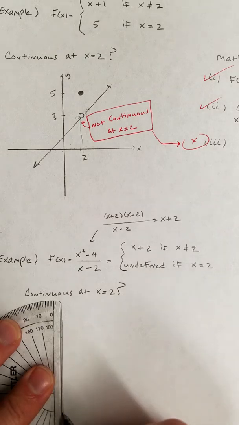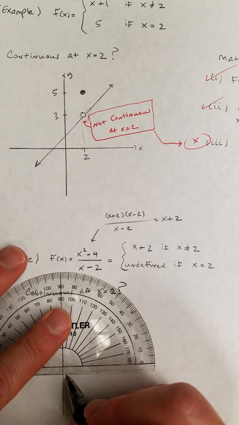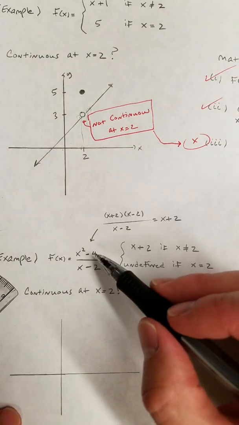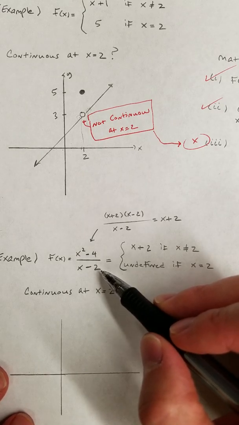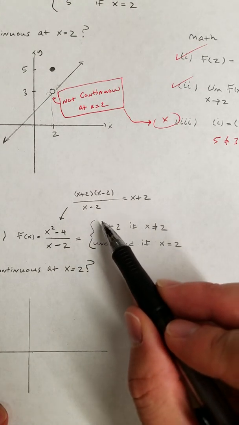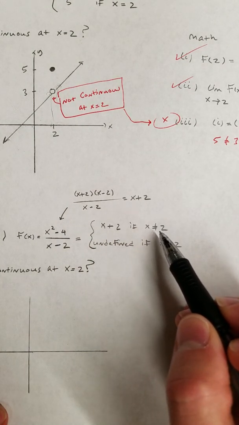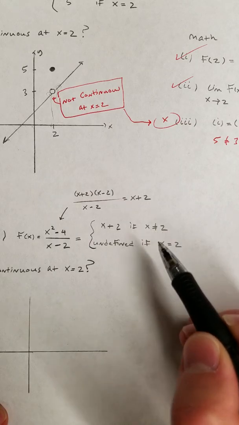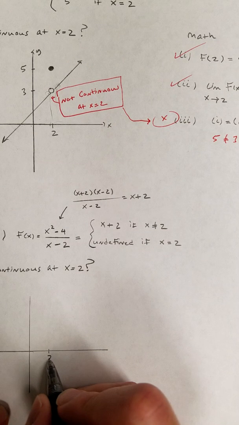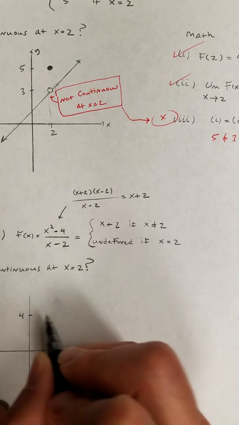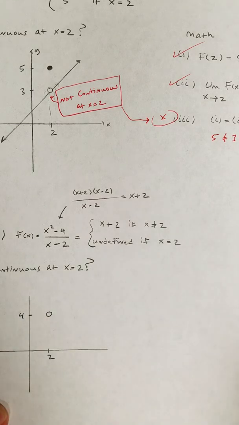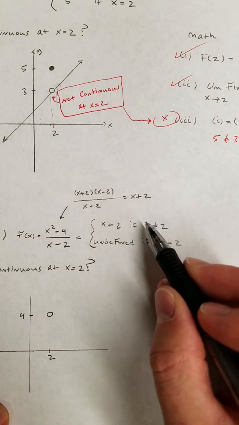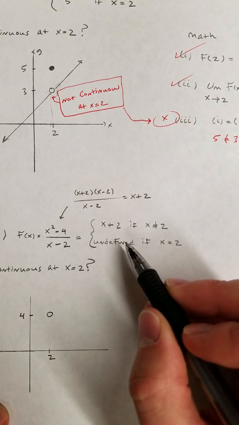So this graph right here, x squared minus 4 over x minus 2, what does it look like? It looks like this line with that point left off. What is that point? 2 for x, 4 for y, right? If you were to put 2 in, you'd get 4.